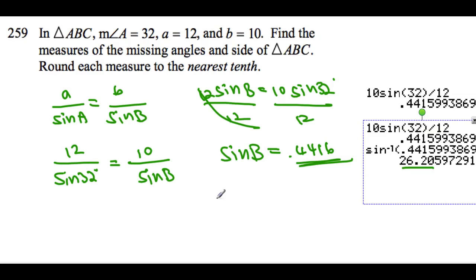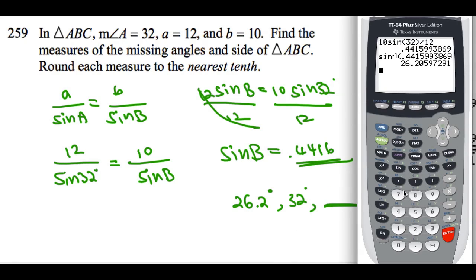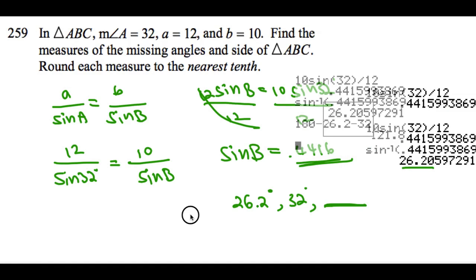So if one answer is 26.2, and the other angle is 32 degrees, then yes, we do have room for the third angle. In this case, let us try to find it. So we get 180 minus 26.2 minus 32, so 121.8.